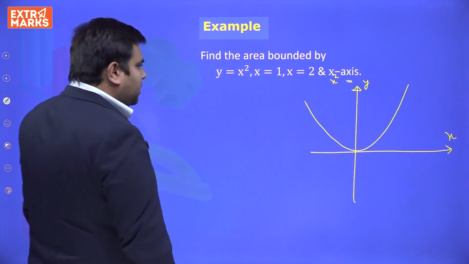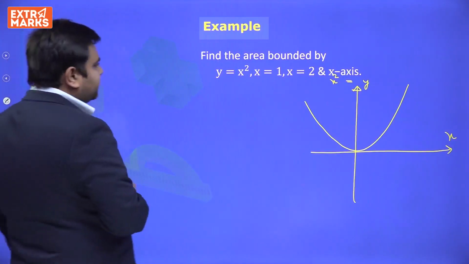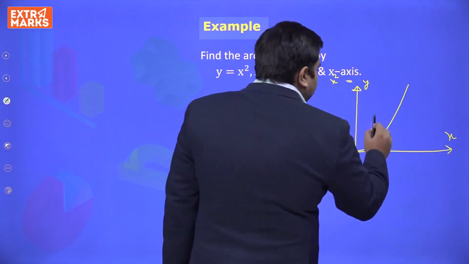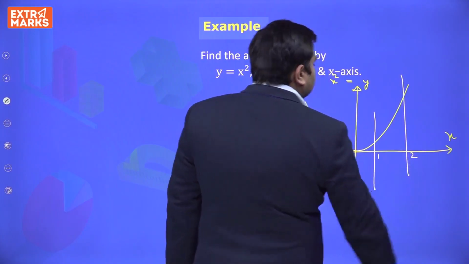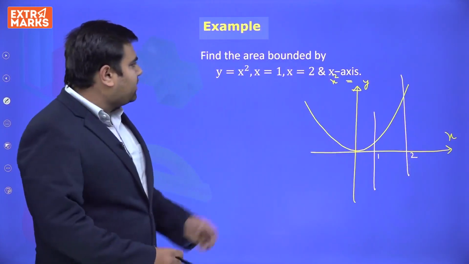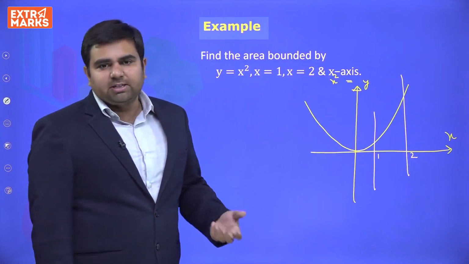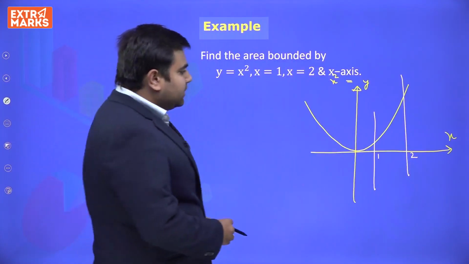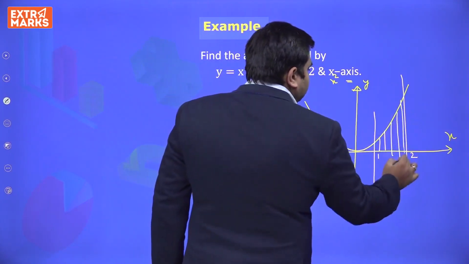Now between x equal to 1 and x equal to 2, we need to find the area bounded by x square, x equal to 1, x equal to 2 and the x-axis, right? So this would be the area bounded by the curve.